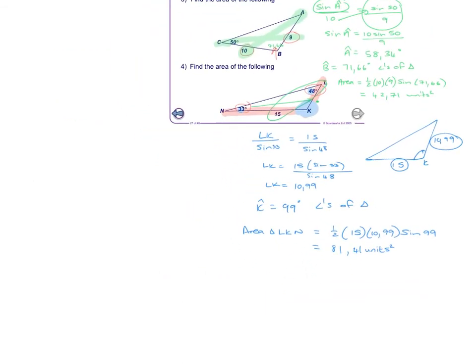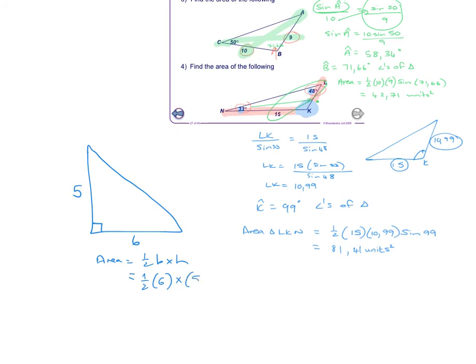All right, just a side note here. I'd just like to show you, if you go back to the idea of the very simple right angle triangles that you had, let's say this was 5 and this was 6, you would say the area here is half base times height. So half of 6 times 5, so 3 times 5 is 15 square units.